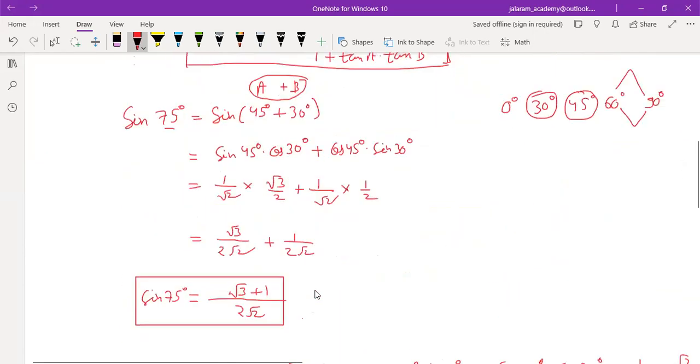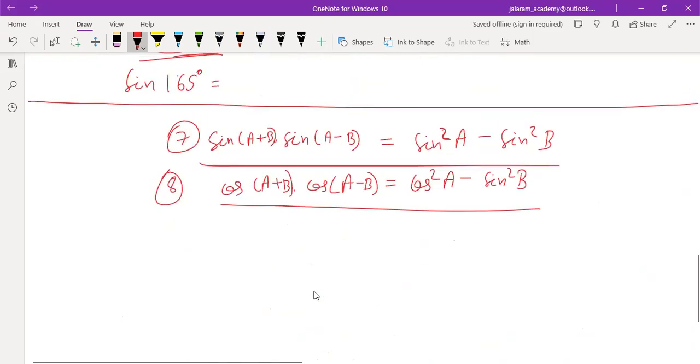First, we have learned these 6 formulas and then 2 more formulas. So in all, there are 8 formulas you must learn to solve the assignment of trigonometric compound angles. So write and learn these 2 formulas also.